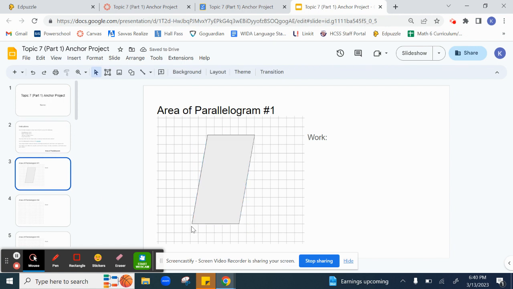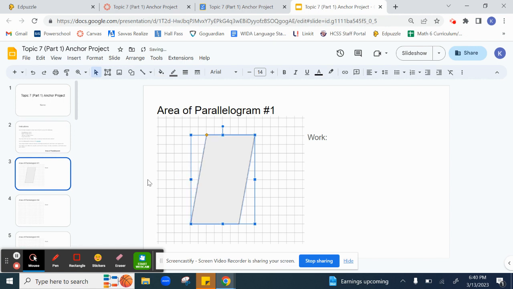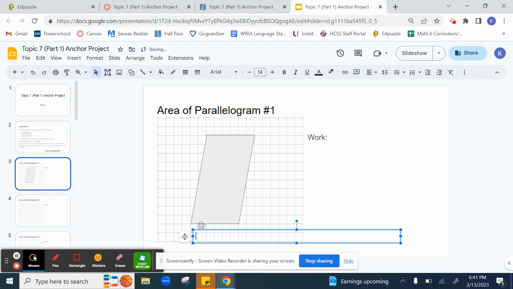Okay, notice how I went from grid line to grid line. That is going to be important when counting your base and height. Let's look at our bottom base here to find how many boxes across it will go. 1, 2, 3, 4, 5, 6 boxes as we see.